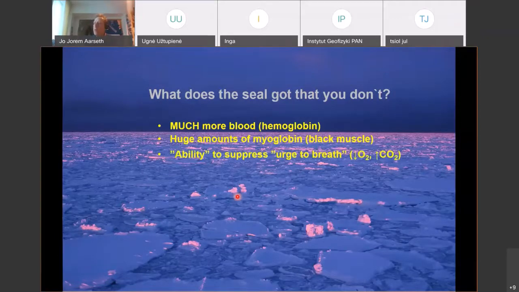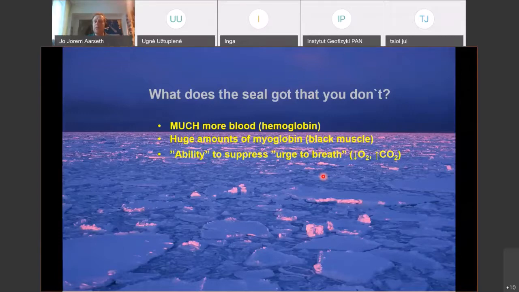Okay, when you dive and you're not breathing, your oxygen will be used up and the oxygen levels will go down. At the same time, the carbon dioxide levels will go up because you are not getting rid of carbon dioxide. So the seal has the ability to suppress the urge to breathe, because in our case, for humans, when oxygen levels are going down and CO2 levels are going up, in the end, you have to breathe.